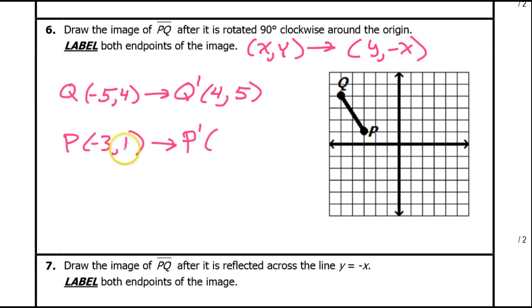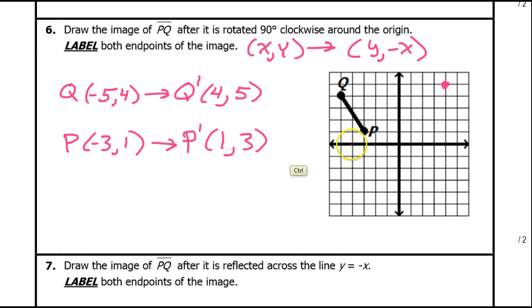Now P prime, y, opposite of x. The y value is 1. The opposite of x will be +3. Okay, so Q prime is 4, 5. So that's going to be 4, 5.